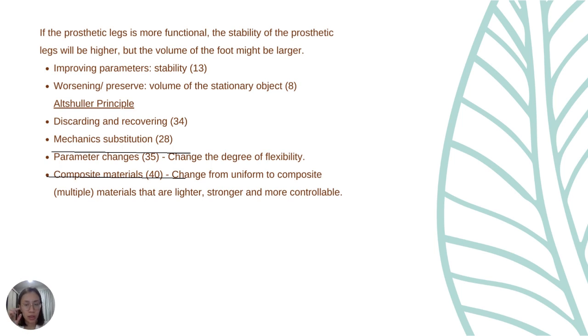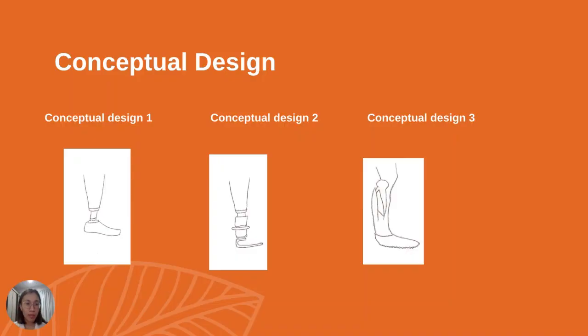By using the 40 principles, we enhance the design by our study. We have three conceptual designs, which are conceptual design 1, conceptual design 2, and conceptual design 3, shown in this slide.